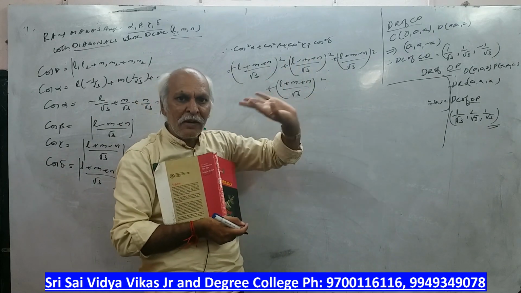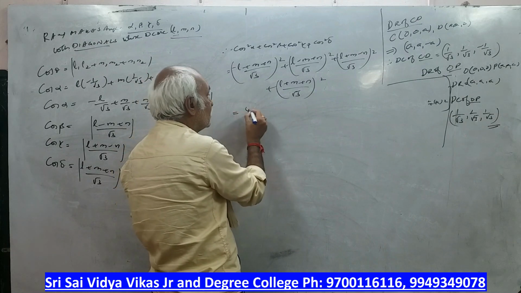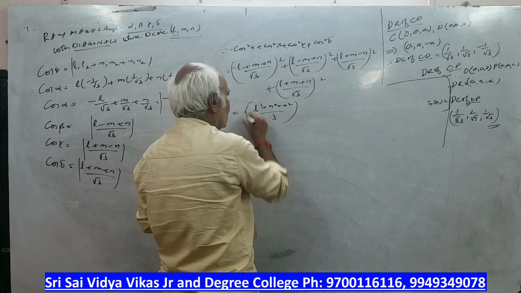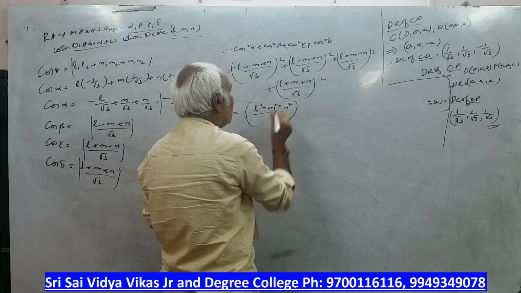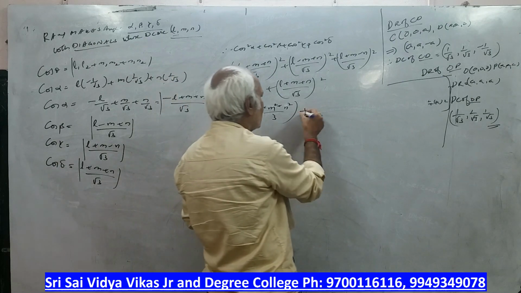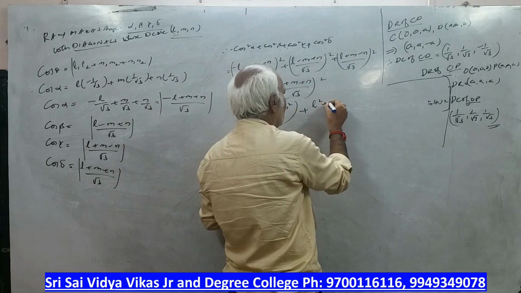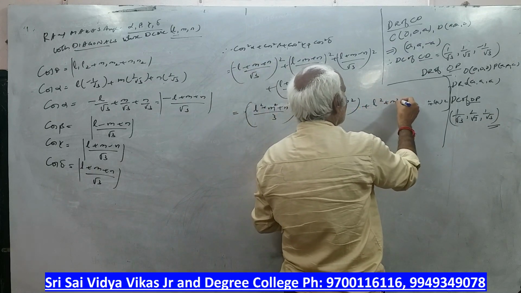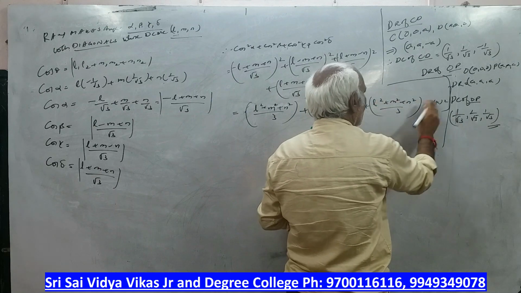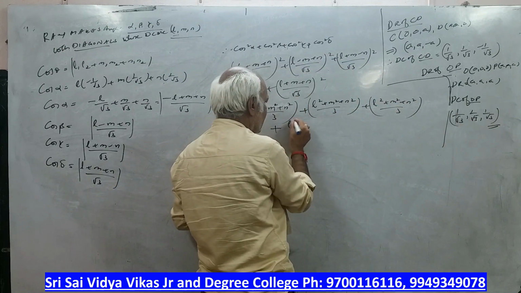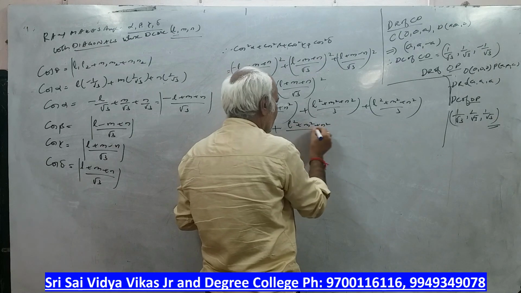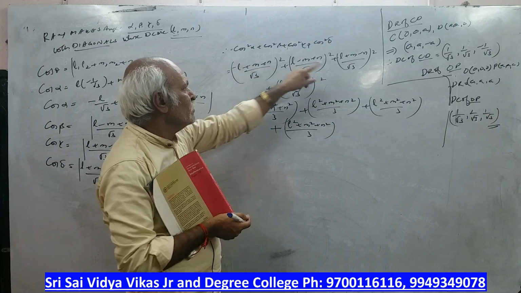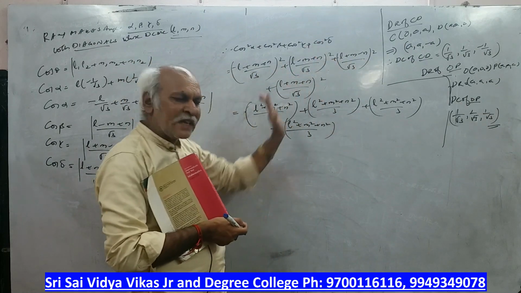Only l square plus m square plus n square by 3 will be left over. Here also the leftover is l square plus m square plus n square by 3, and the same for the next. All the remaining terms, here minus lm, there plus lm, are cross cancelled.